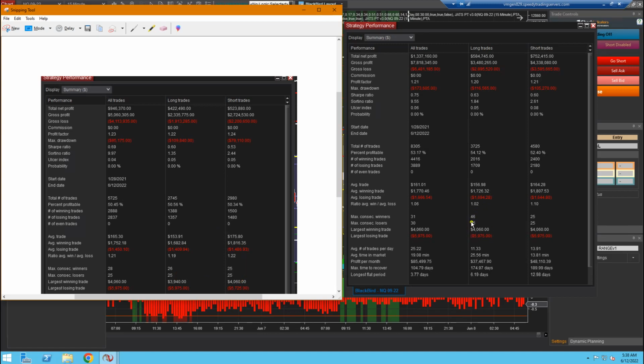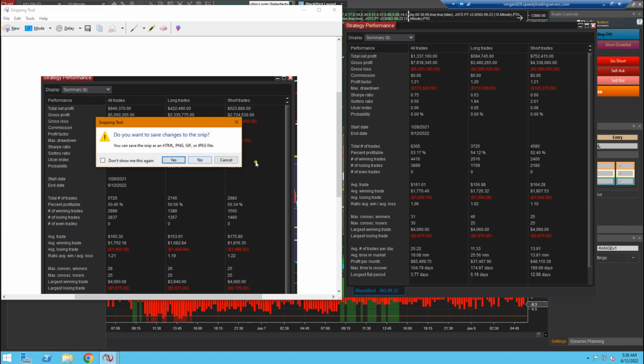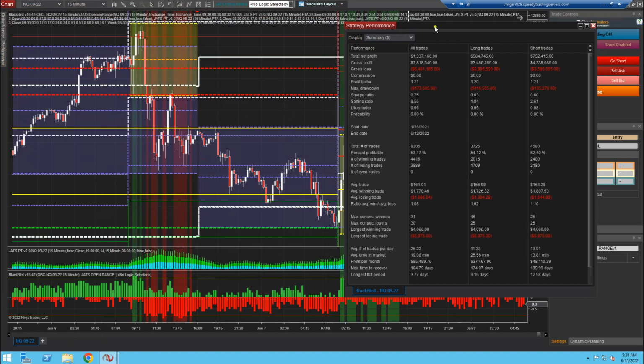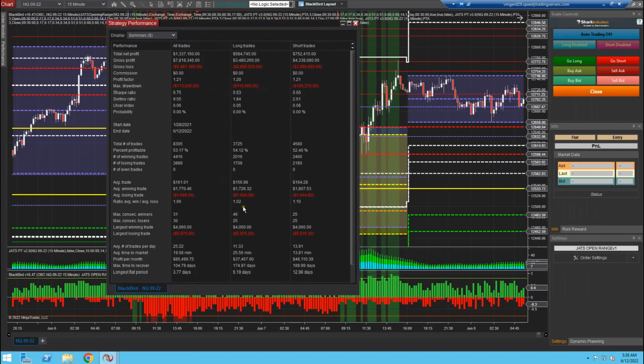So we had many more long winners than we did limiting the profit factor. So the longs kept going. So we were limiting the longs. And so I would not limit the profit factor. So we'll just leave that off and put this in a micro account and run the algo on it.